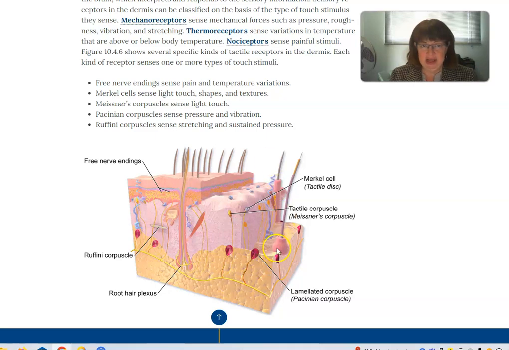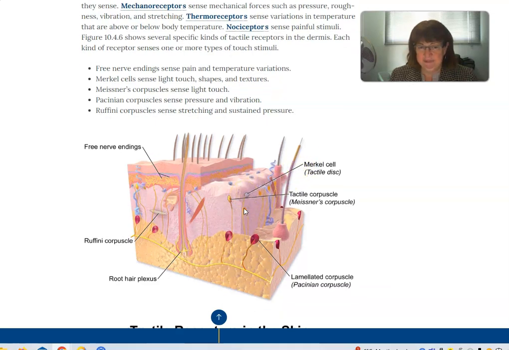Okay. So the lamellated ones down here are for pressure and vibration. The tactile ones, the Meissner, are for light touch because they're closer to the top. The Merkel ones are also for light touch and also shape and texture.